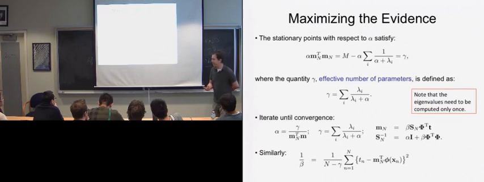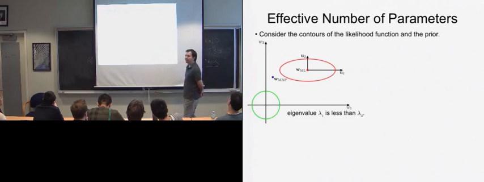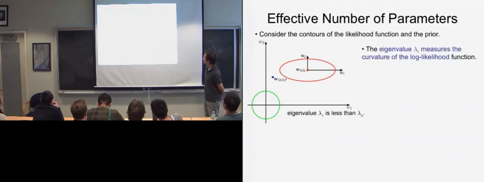So basically, when you estimate the variance, you divide by n minus 1. In this case, you're dividing by n minus gamma. Now, what is the idea behind this quantity gamma, which is the effective number of parameters? Let's look at the following example.